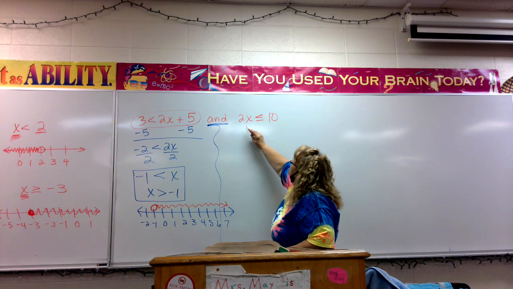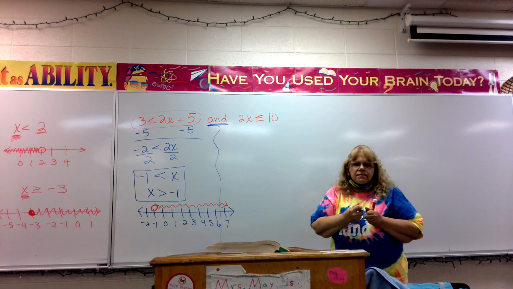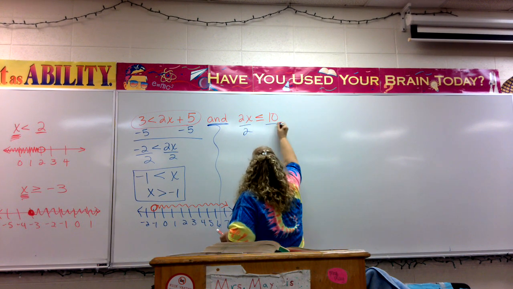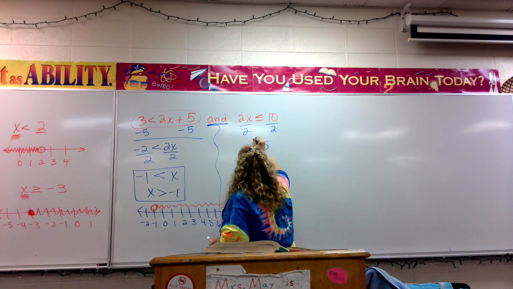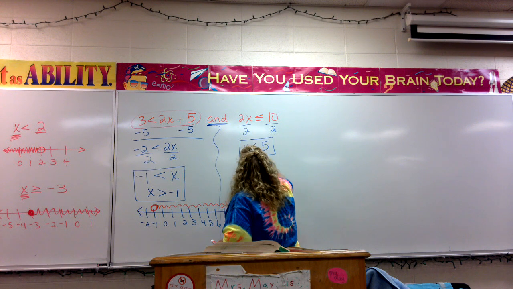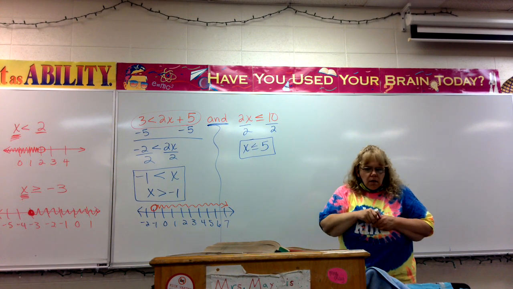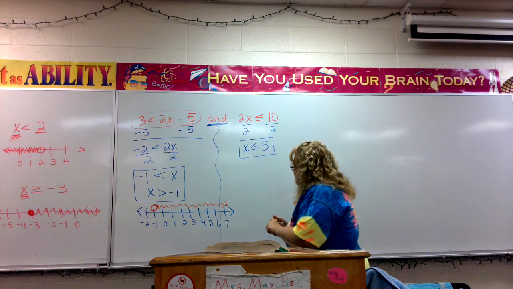Now we have to solve this one. Same thing again, solve it and get x. Divide by 2, divide by 2, and I get x less than or equal to 5. Graph that one. Where is x less than or equal to 5?